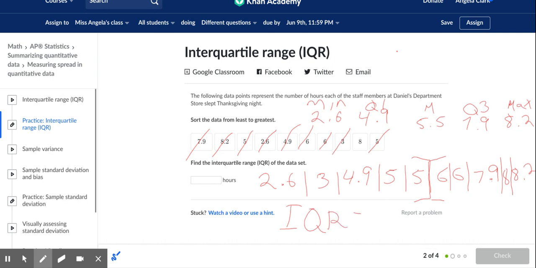So that's going to be 7.9 minus 4.9, which is what, 3? Yeah. I can subtract in my head. Okay. It is 3. So the interquartile range is 3, and that is all there is to it.